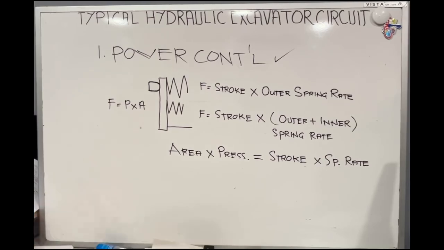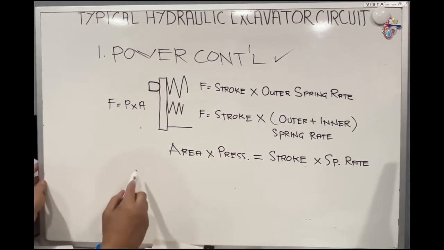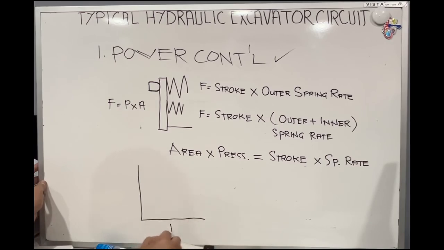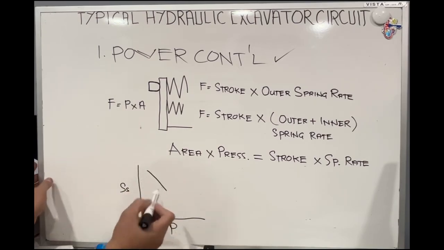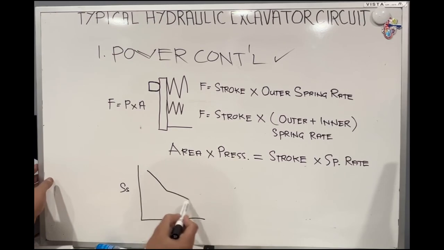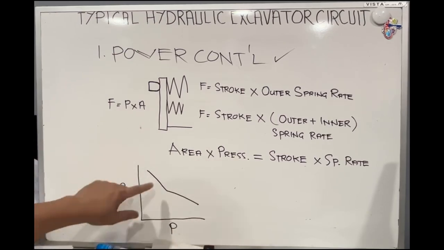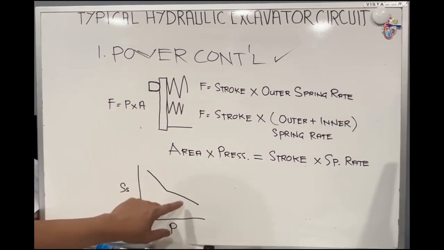Okay, so let's put a graph here. This is your pressure, and then spring stroke. So the graph will be like that, and this is the outer spring, and this is the inner spring.